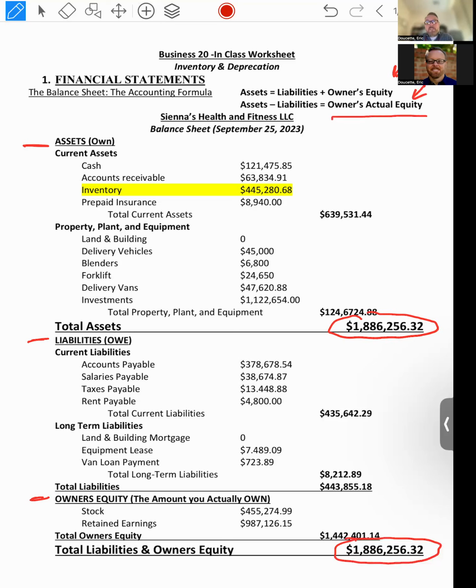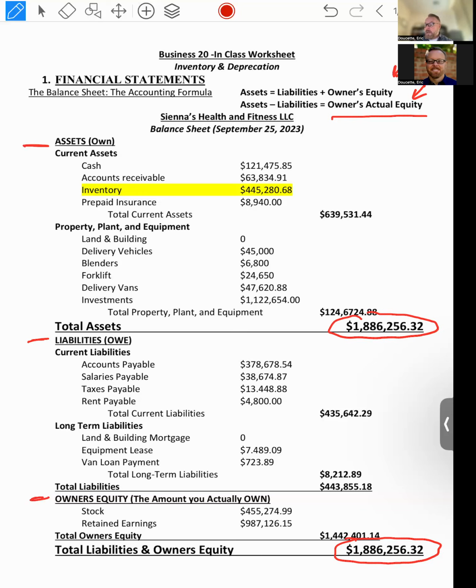And so if I own a business and I decide one day I'm done and I sell all of my assets, buildings, equipment, property, finished product, etc., and I cash it all out and I pay all my debtors off, whatever I have left is mine to keep, right? And that would be my owner's equity or owner's dollar value.